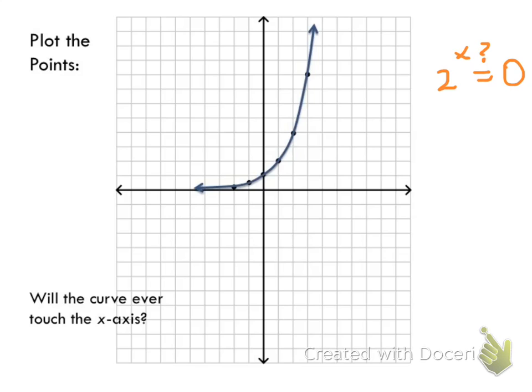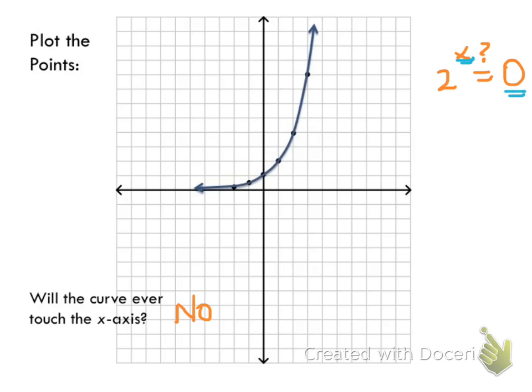Because if I have a point somewhere on my x-axis, then that means I had a y value of 0. So I would need to have 2 to the x power end up giving me an answer of 0. And hopefully you realize that the answer to this question is no. There is no value that I can put in for the exponent here, where x is, that's going to end up giving me a 0 as an answer.